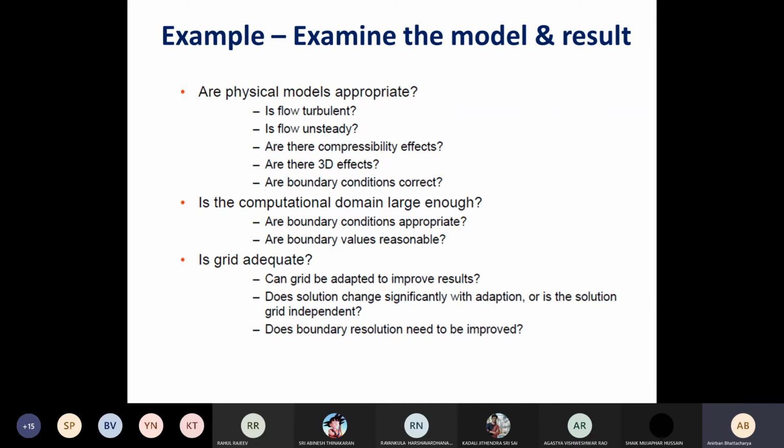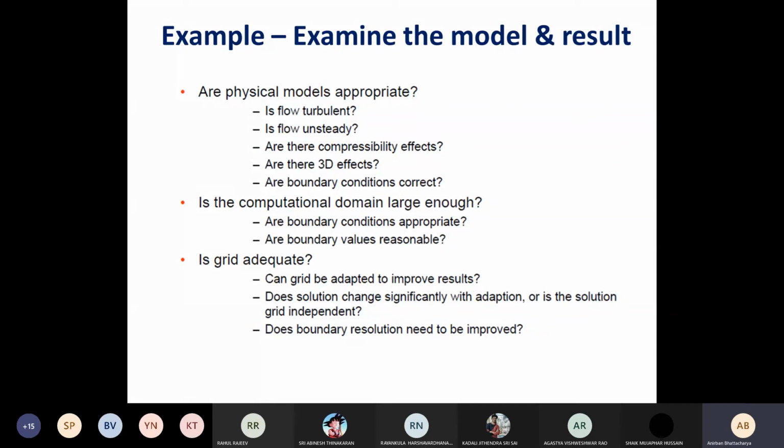So in general, yes, it is true that if you keep on decreasing the size of the control volume, meaning you increase the number of grid points, your solution will become closer and closer to the correct solution. But it depends on whether the model and other things have been taken correctly or not. Obviously, we cannot take an infinite number of grid points.